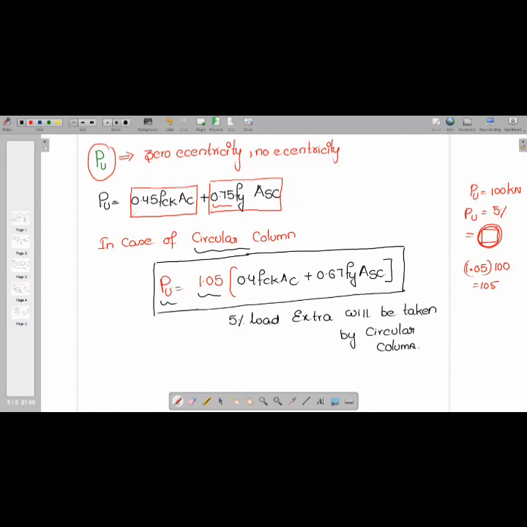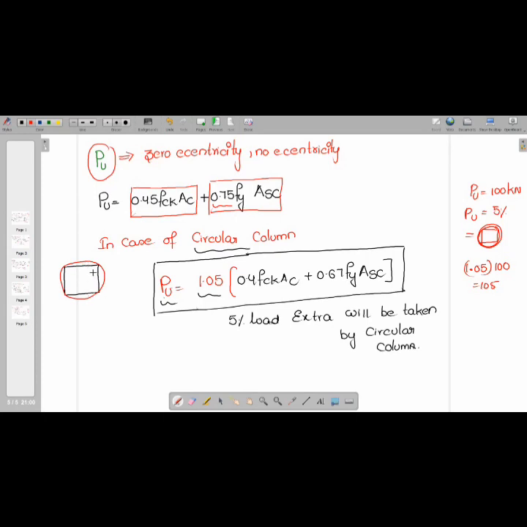Sir, Ashavani, please repeat, sir. Sir, what I want to tell you is, suppose, see student. Excuse me, sir. Tell me. Am I audible? Yeah, you are audible. Sir, actually, we have always studied that a circular column is 1.05 times stronger than the square column, or 5%. So how does it come into existence?